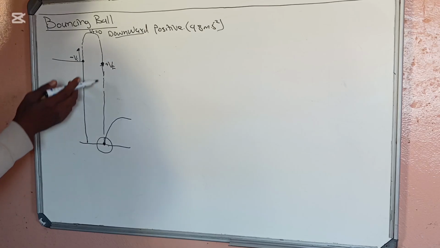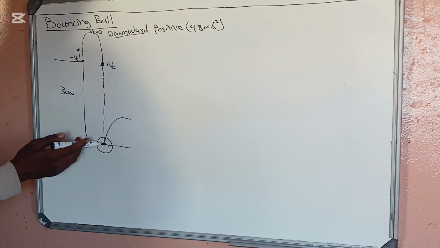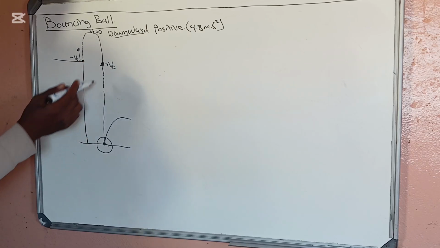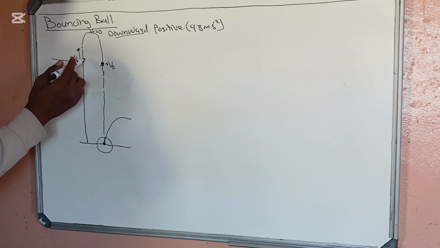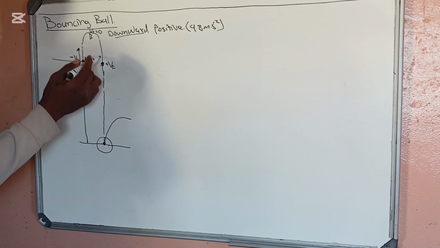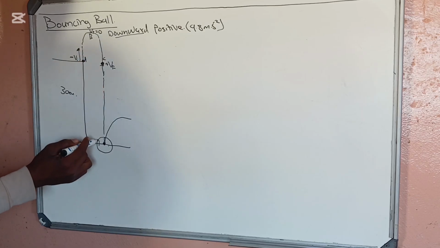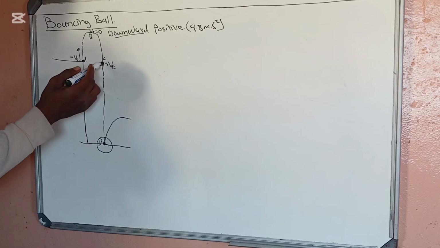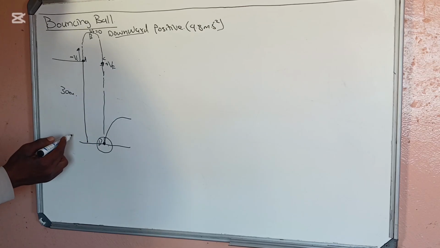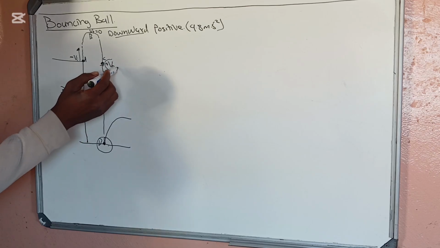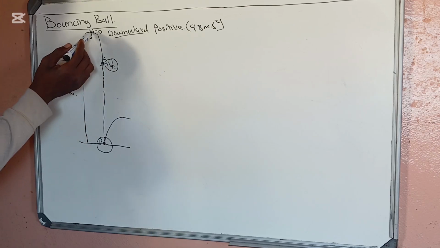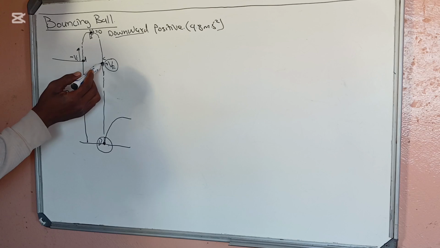If it had an initial velocity from here, because this is point A, point B, point C, and point D. Now, this ball from here to here, it had an initial velocity, which was the final velocity when it was coming from the turning point to here.